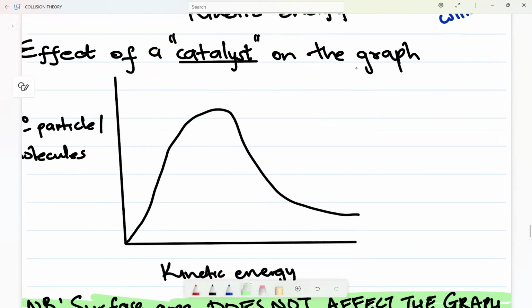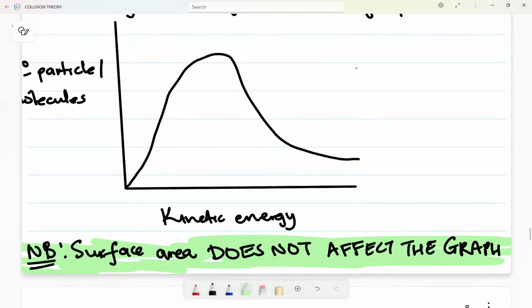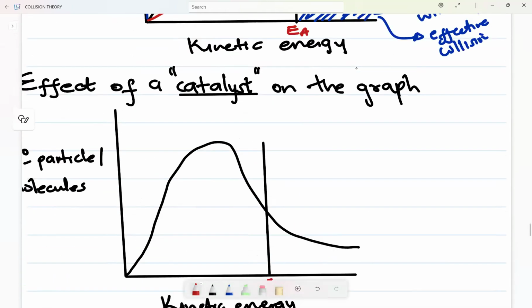Now you have to remember, just ask yourself, where is my EA? Okay, now if there is an addition of a catalyst, what does a catalyst do? What I like to remind myself with is to draw this graph and be like, hey, when a catalyst comes, what will you do?